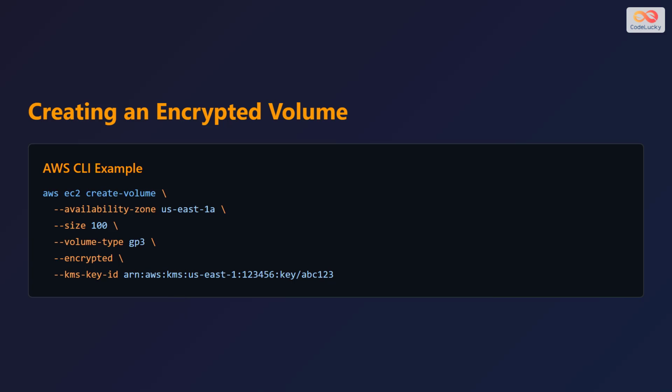You also choose the volume type, such as gp3 for general purpose SSD. The encrypted flag enables encryption. And finally, you can optionally specify a KMS key ID if you want to use a customer managed key instead of the default AWS managed key.